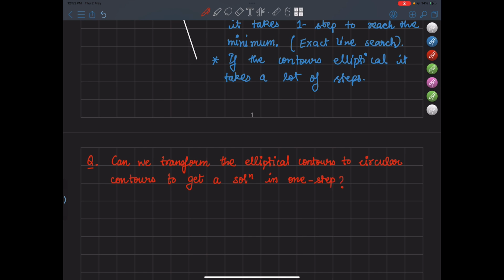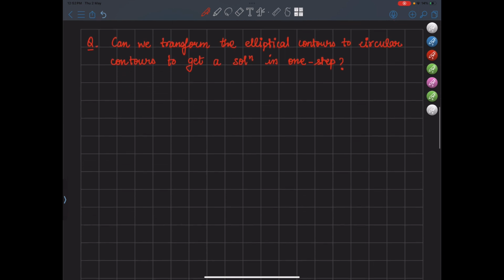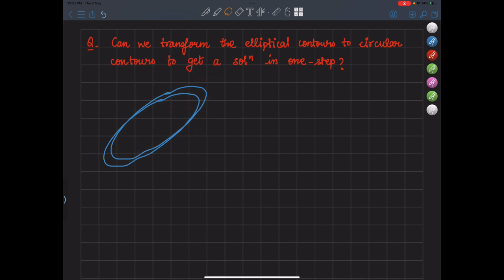So let's say we have a quadratic function which has elliptical contours. We transform it to circular, and now that it is circular, we'll get the solution in one step, right? Can we do that? It turns out we can, and we also formulated a way to do it. So let me just do it here for you. I'll just make a diagram of elliptical contours.